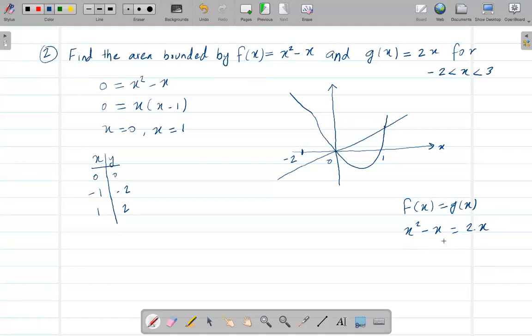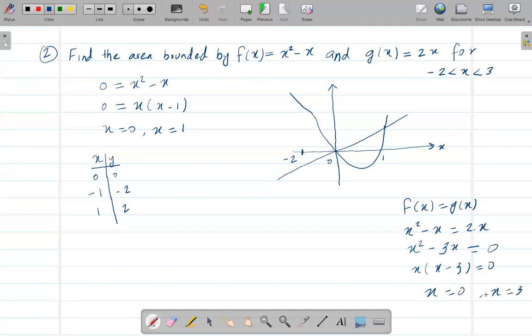So move this to the other side: x squared minus x minus 2x equals 0. The negative x and negative 2x give -3x. So again, from these two terms, I can factor out x. So x times x minus 3 is equal to 0. So either x is equal to 0 or x is equal to 3.